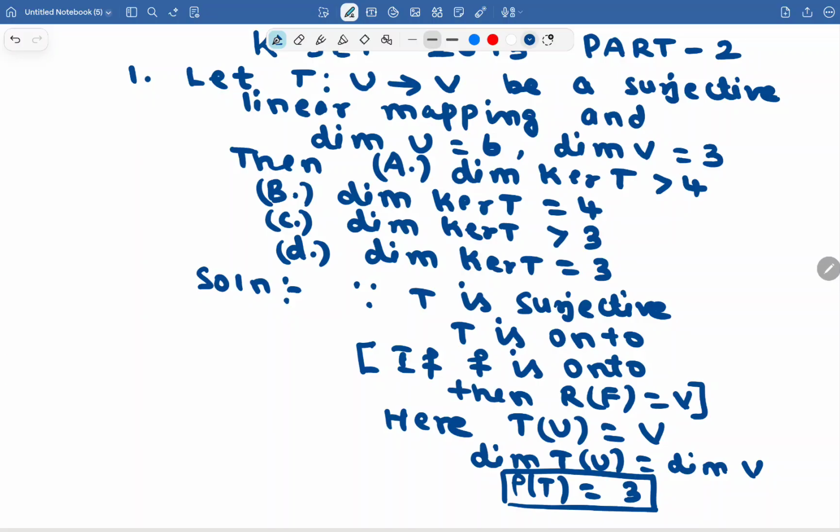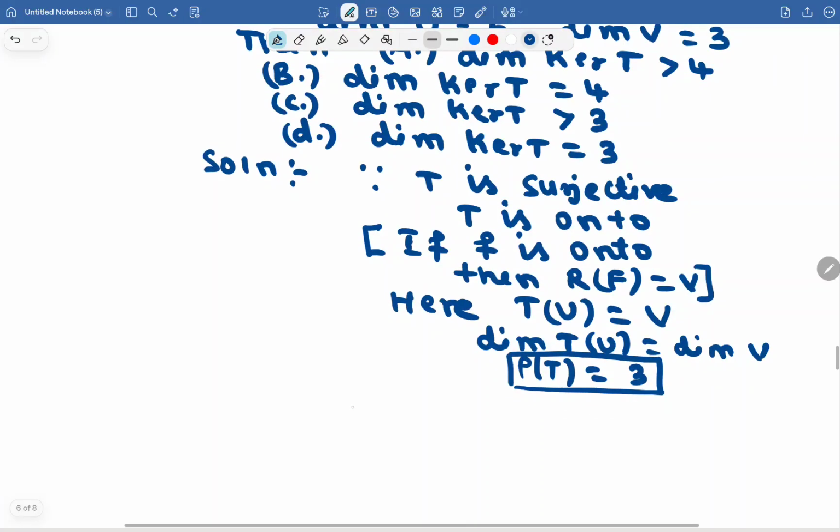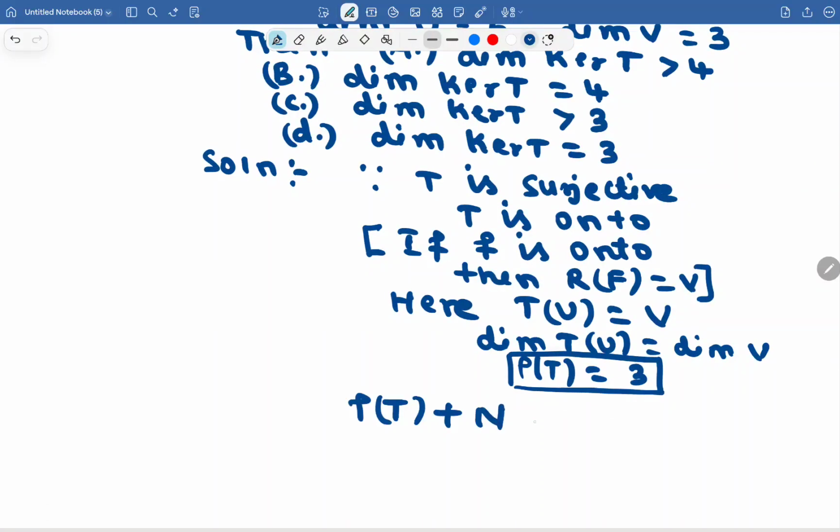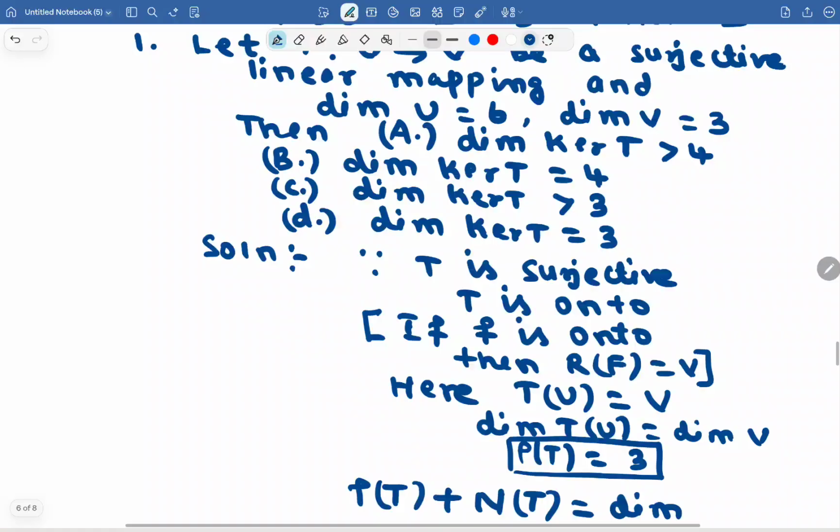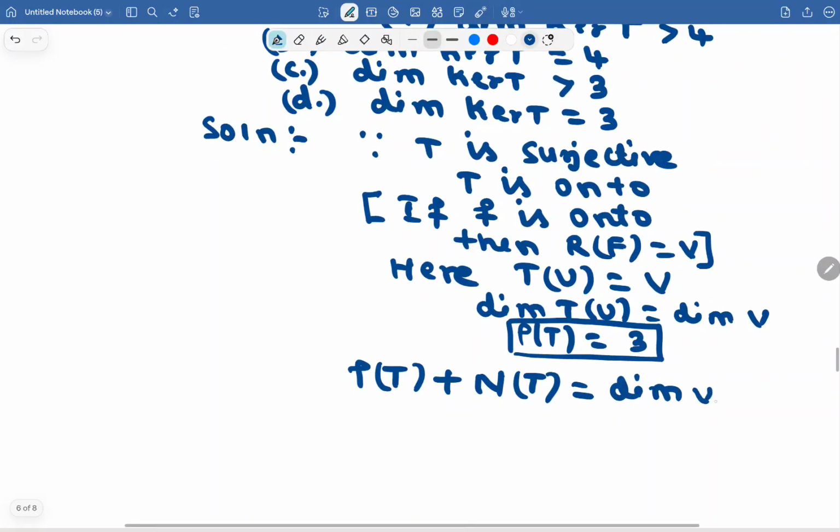From all the options, we have to check whether dimension of kernel of T is equal to 4 or equal to 3 or greater than 4 or greater than 3. By rank nullity theorem, rank of T plus nullity of T is equivalent to dimension of domain space, that is U, which is equivalent to 6.